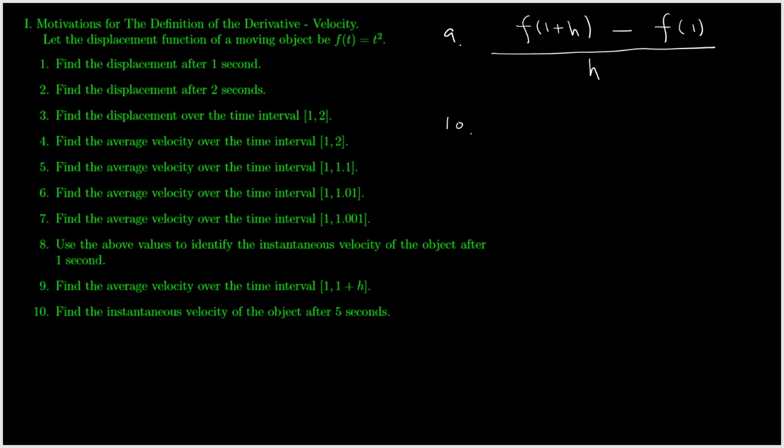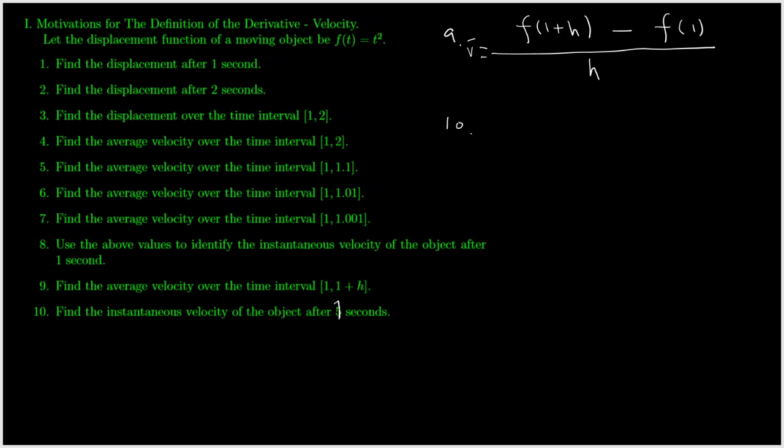Now look at question number 10. Now concentrate, it's kind of an interesting place. For question number 9, I still want to use v bar to denote the answer. V bar is the notation for the average velocity. Now in question number 10, we are looking for the instantaneous velocity of the object after 1 second. Sorry, I was trying to use 5 seconds, but now it doesn't matter.